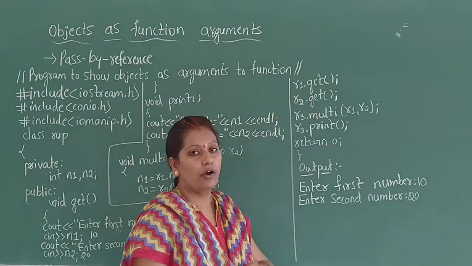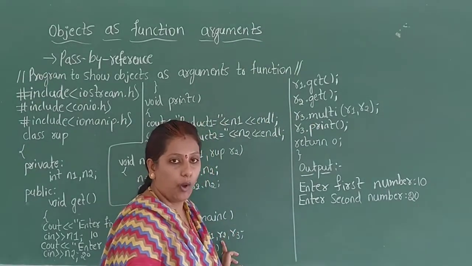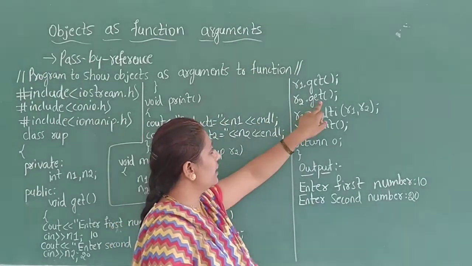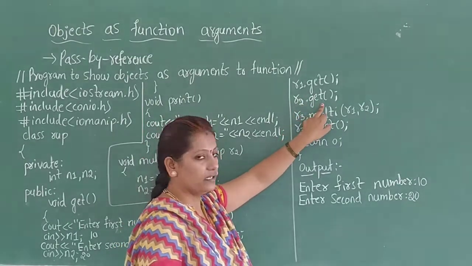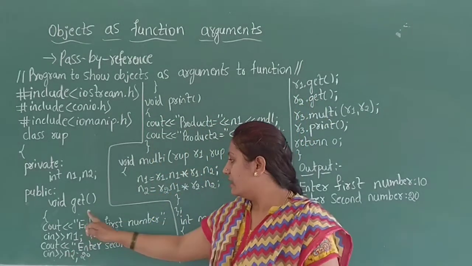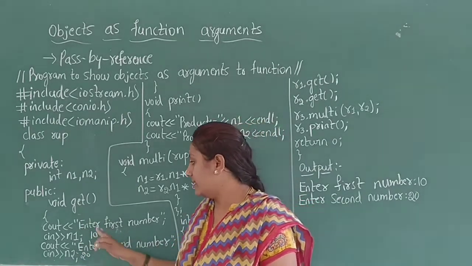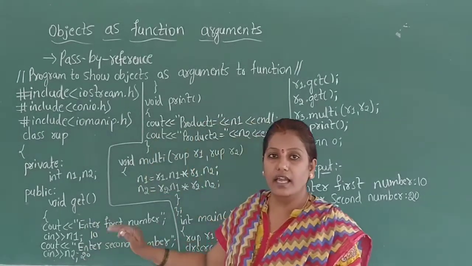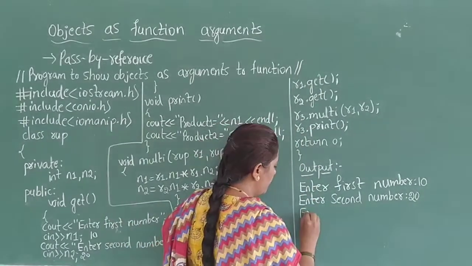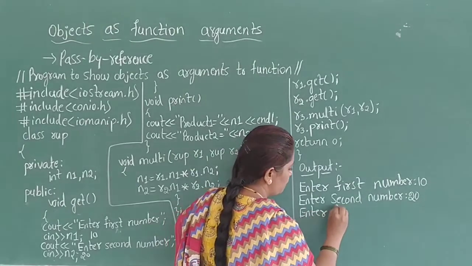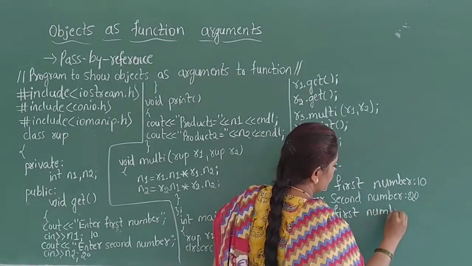The next member function is called using the second object, that is R2. Again the get member function is called, R2 dot get. Again it goes to the get function and the following statements are executed. The second time it reads the N1 and N2 values. Enter first number.